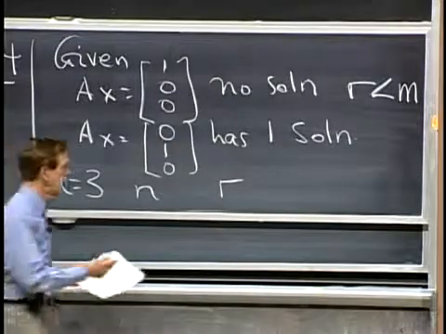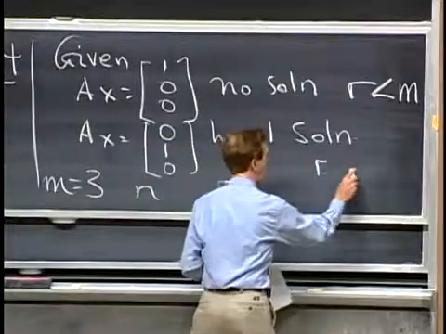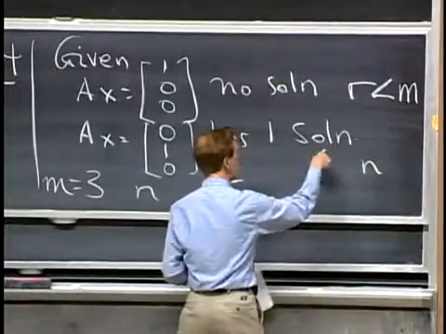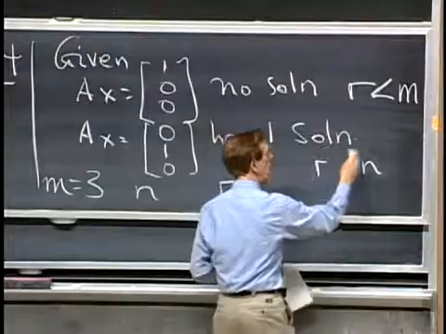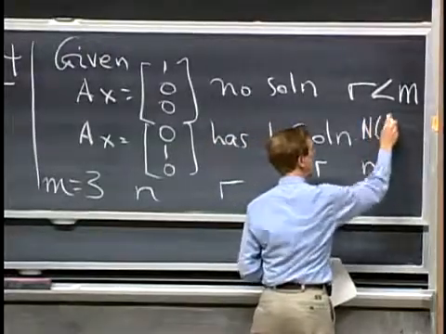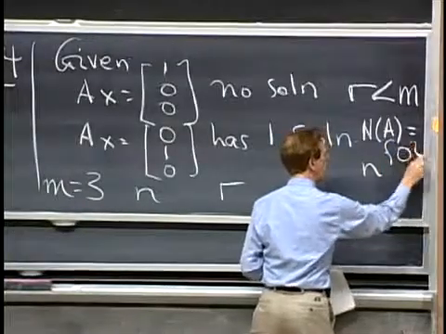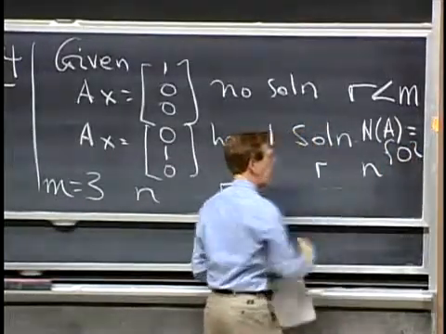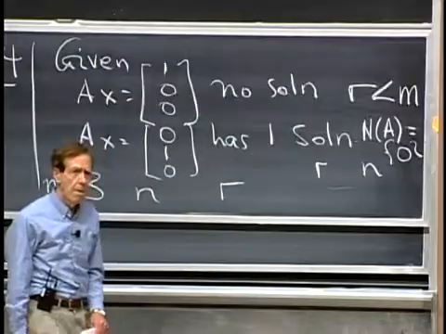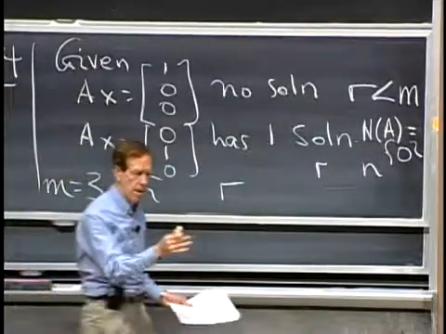What does that tell me about the relation of R to N? So this is one solution only. That means the null space of the matrix must be just the 0 vector. And what does that tell me about R and N? They're equal. The columns are independent.